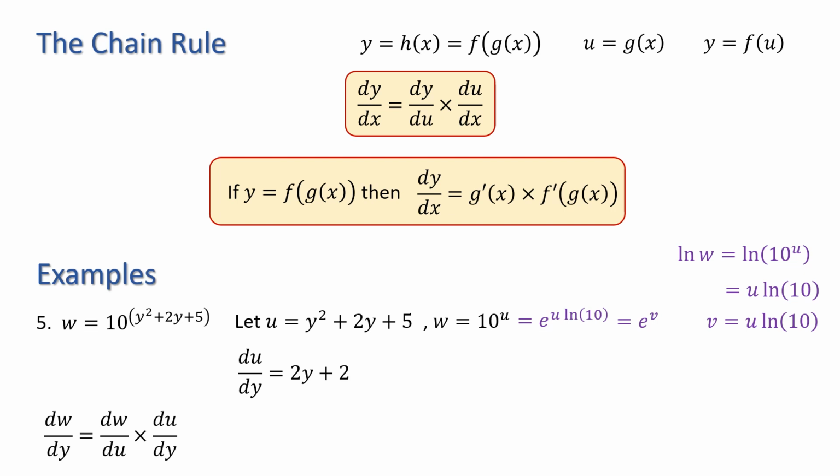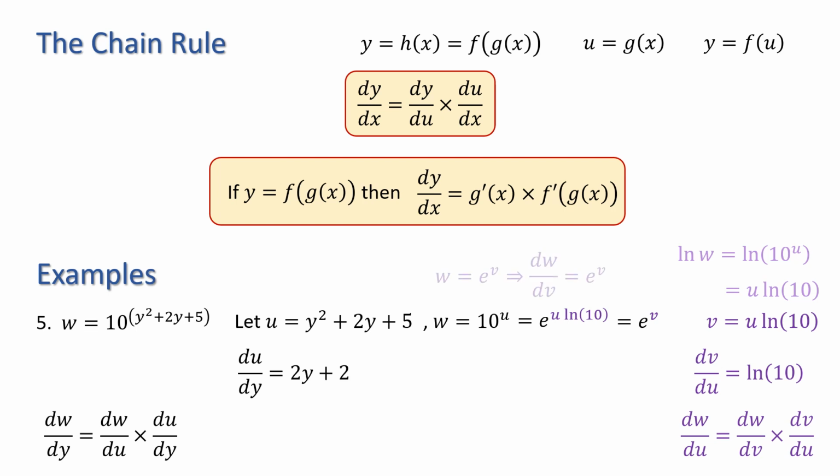The chain rule in this case is dw by du is dw by dv times dv by du. Now, dv by du is just ln 10, which is constant, and dw by dv is e to the v. Thus, dw by du equals ln 10 times e to the v, which equals ln 10 times 10 to the u.